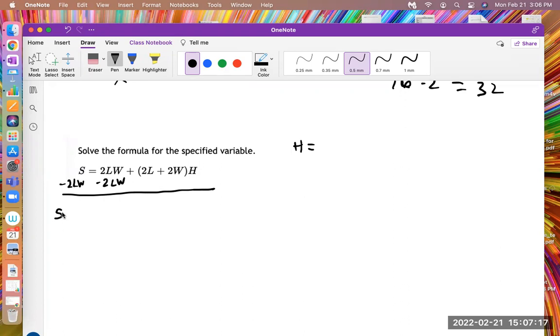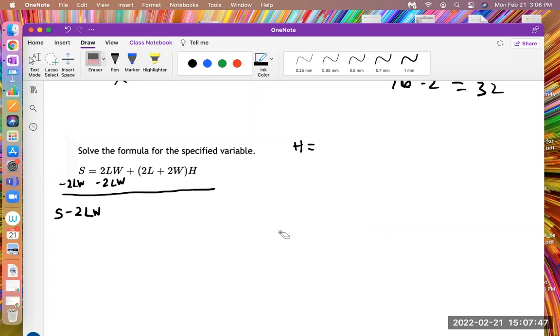But here, I just have to write it out. An s and 2LW are not like terms. They're not exactly the same variable, so I can't combine them at all. So I just simply write them. That's like writing 24 minus 2 and not forgetting about doing the actual calculation.